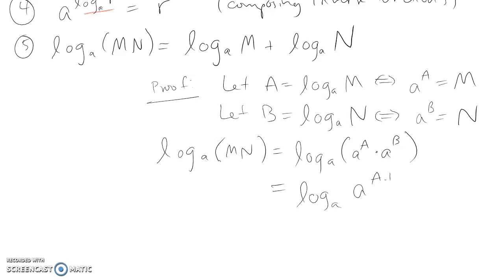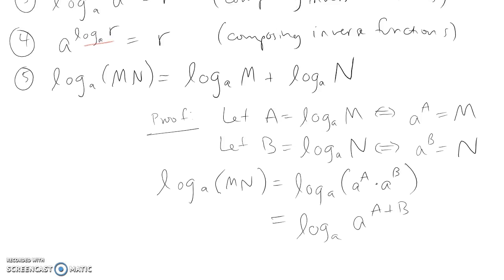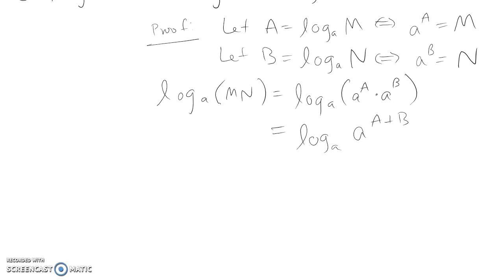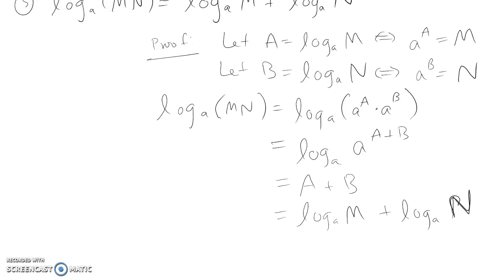So that's a to the A plus B. Then if we look at property 3 up here, this whole thing is equal to A plus B. Well, what was A? A was log base a of m, and B was log base a of n. So in all, we get that log base a of m times n is equal to log base a of m plus log base a of n.